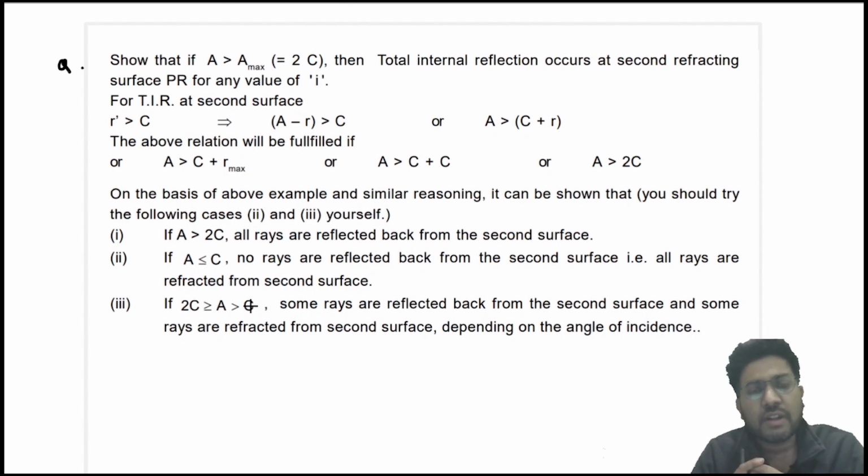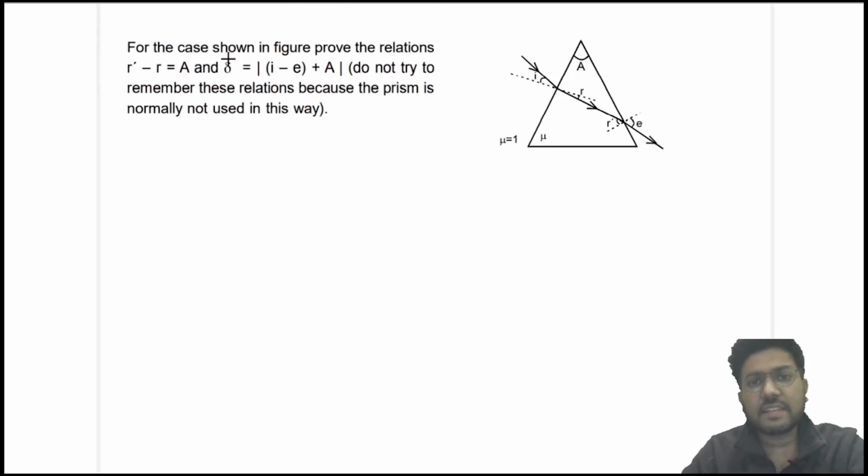And we have also found out the angle of incidence, that is I is equal to sine inverse of mu sine (A minus theta c). If I is greater than this, transmission, and if I is less than this, reflection. Okay, so this I have already discussed. Now for this case we need to prove that R dash minus R is equal to A, and the deviation this time is I minus E plus A magnitude.